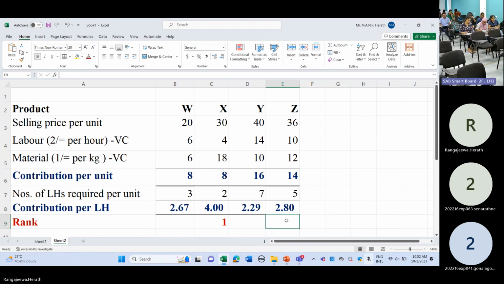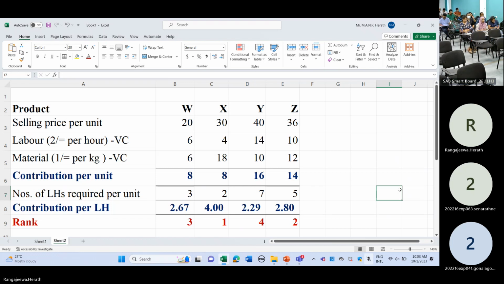Then Z, then W, and finally Y. So we should prioritize the production based on contribution per labor hour, because the total number of labor hours available for the business is 50,000 labor hours.